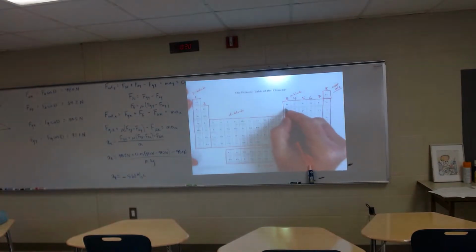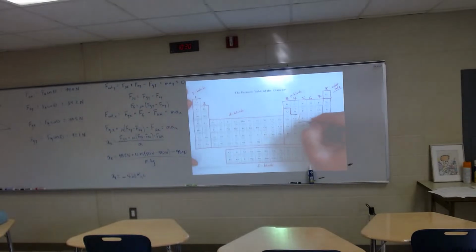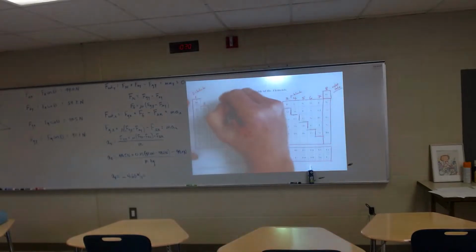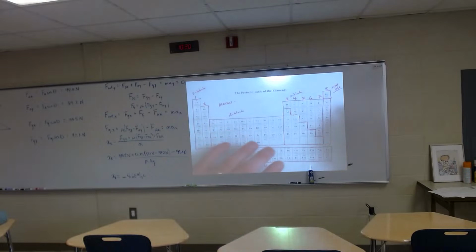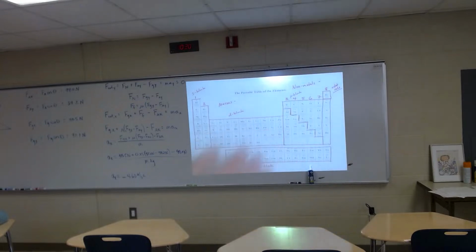Okay, so we're going to put our stair-step line in here. What's on the left-hand side of the stair-step line? Metals. What's on the right-hand side? Non-metals. Metals want to be stable.